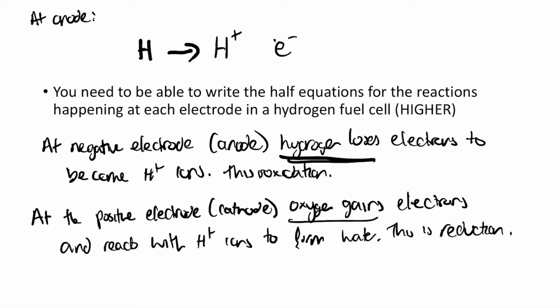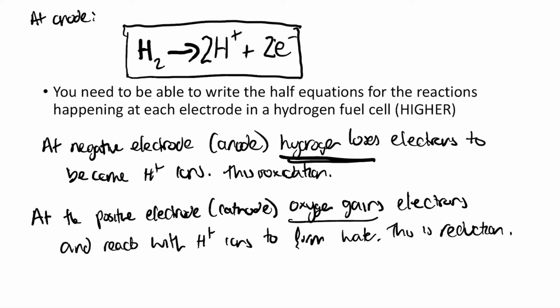Now hydrogen always exists in pairs, so we do need to write H2 there. Therefore, it forms 2 H plus ions, and therefore it will release 2 electrons. And that is our half equation at the anode. So hydrogen loses 2 electrons and becomes H plus ions. So you have to remember that for the anode.